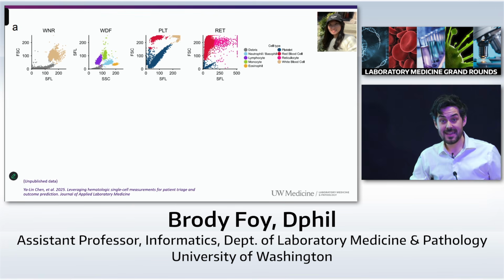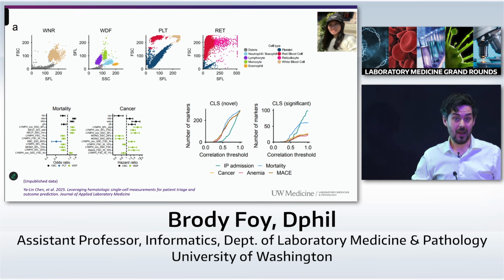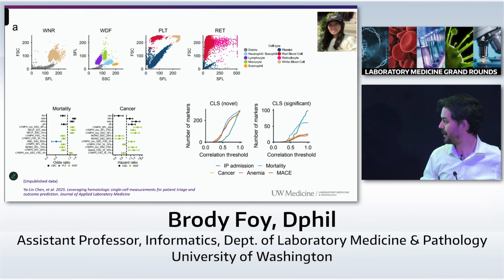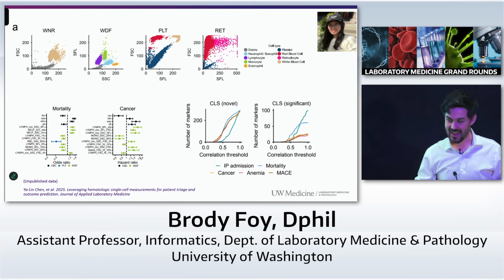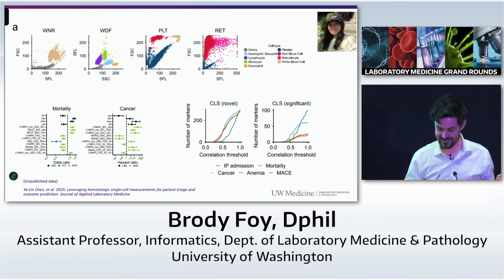And you can mine that data to develop novel biomarkers that are telling you unique things that are meaningfully different from the current CBC or differential markers, and that are prognostic for specific diseases or general patient outcomes. This is mostly unpublished data, but coming very soon. Amber's going to get me another draft of the paper this week, I think.